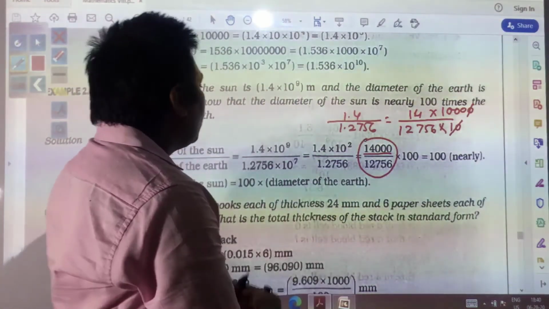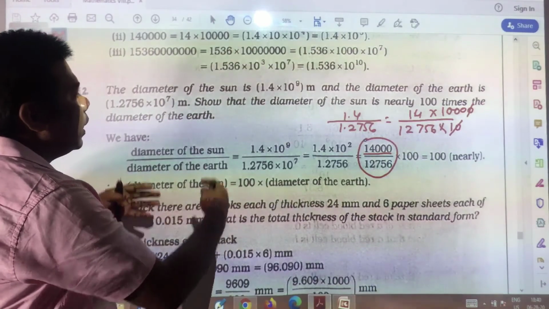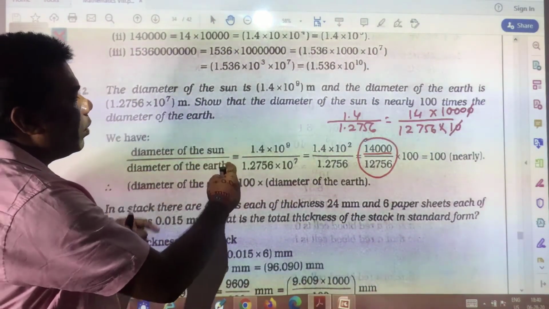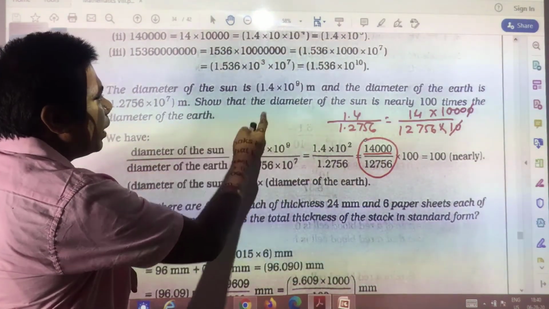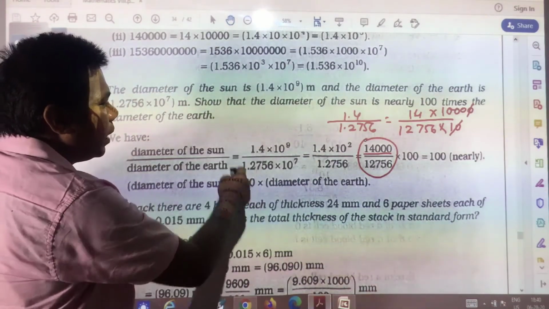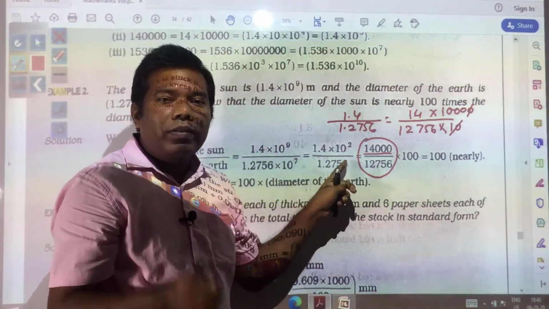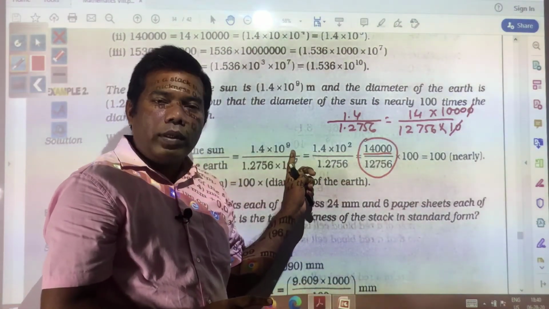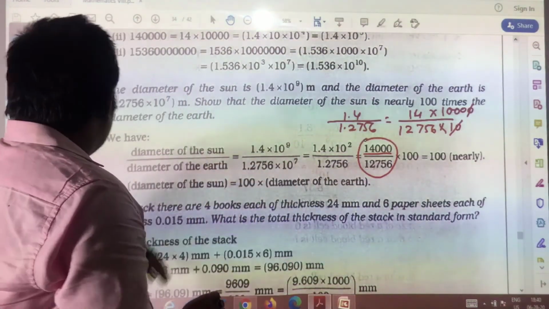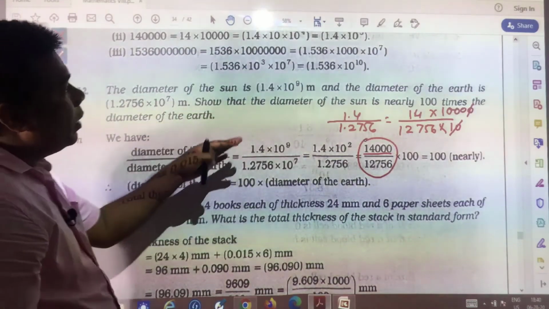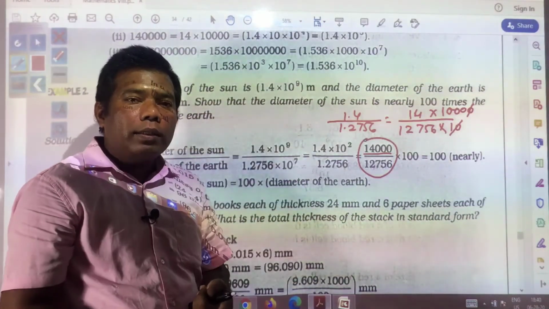So, what you need to do with this, you need to understand how if any number has been written, large numbers are there, how those numbers can be simplified. So, simplification you need to understand how it has been done, and these are very important not only for your class.